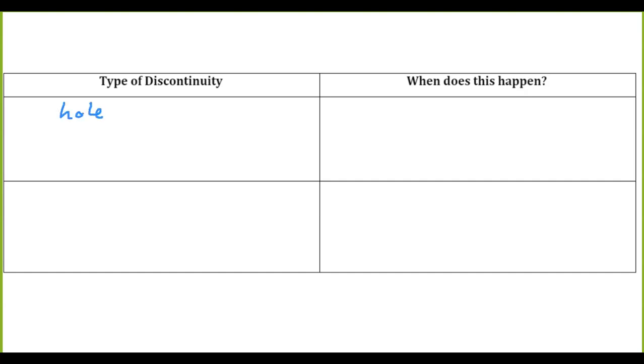The hole is kind of like what it says it would be. It is when you have matching factors in the numerator and denominator. So in other words, they cancel out.